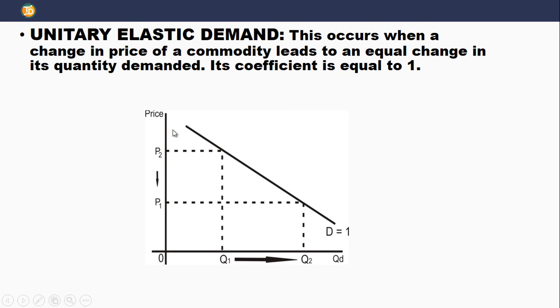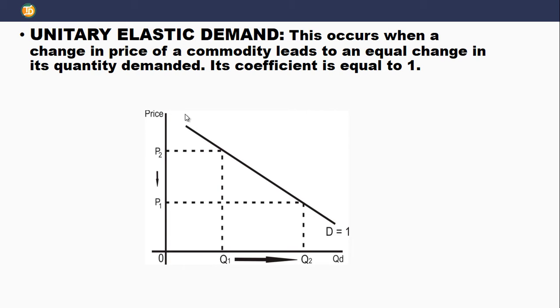Let's look at the next one, which is unitary elastic demand. Unitary elastic demand occurs when a change in price of a commodity leads to an equal change in quantity demanded of that commodity, which means that percentage change in price and percentage change in quantity change in the same proportion.